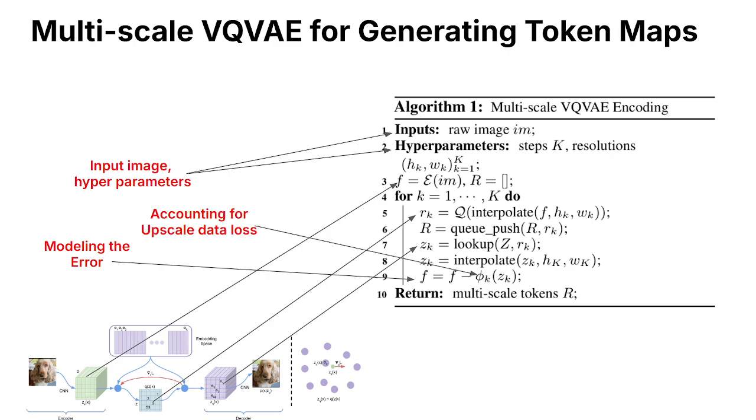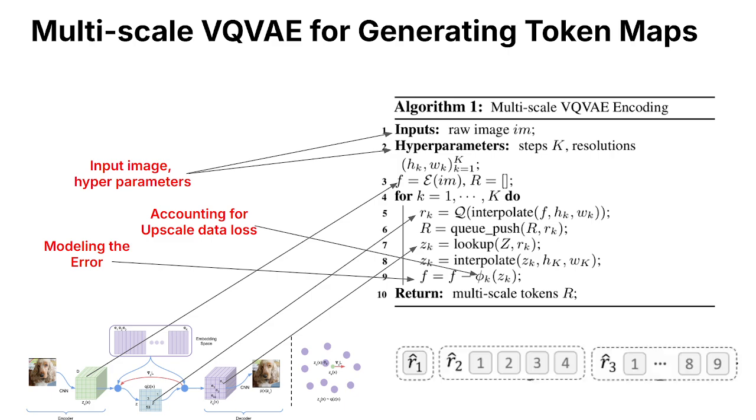So this phi of k is also accounting for upscaling, and there's a data loss related to that. That's not very important. So this is how it looks, sort of. R1 is just one token, R2 has 4 and R3 has 9. So this looks flat, but it's not. These are the 4 tokens, and we call this a token map.